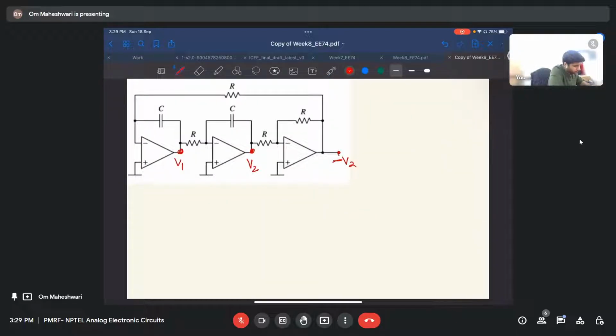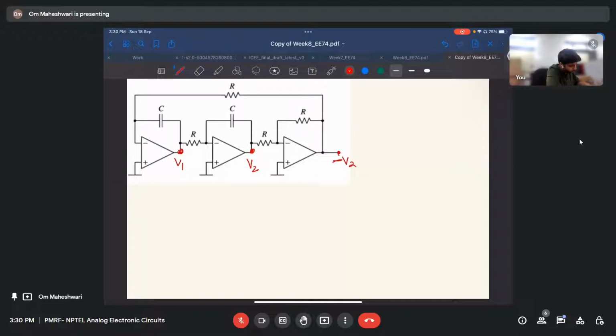So back to the question. If this is V2, this will be minus V2. Let us apply KCL at this node first. Here it is V2, here it is V1.